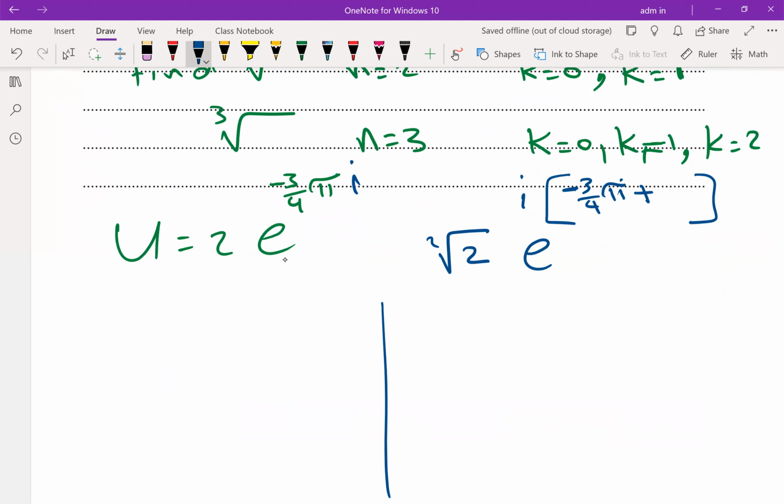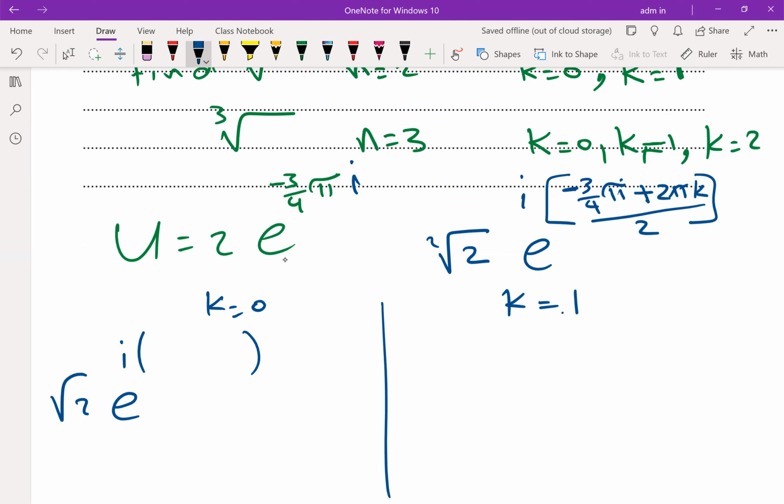We add to it 2 pi k divided by 2, where k takes 0 and k takes 1.